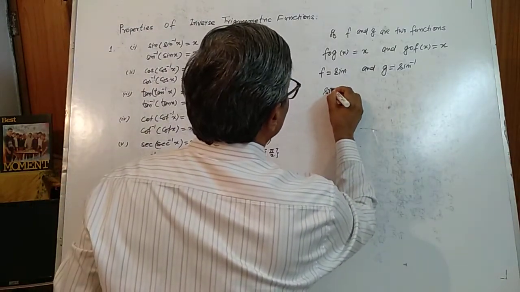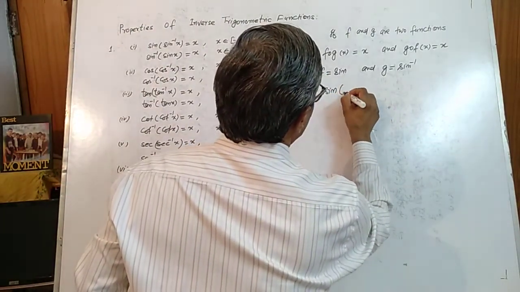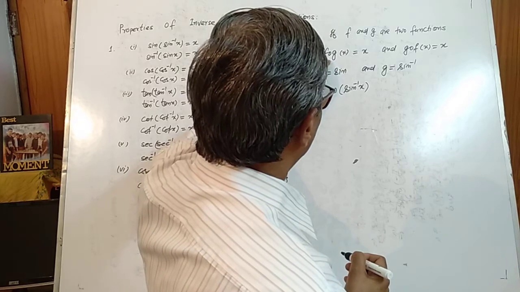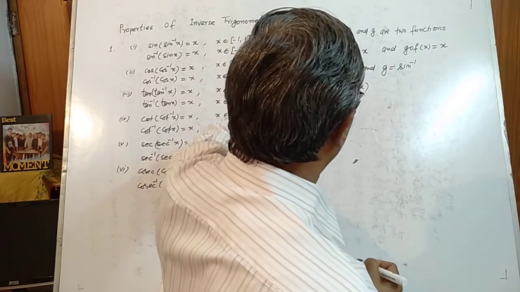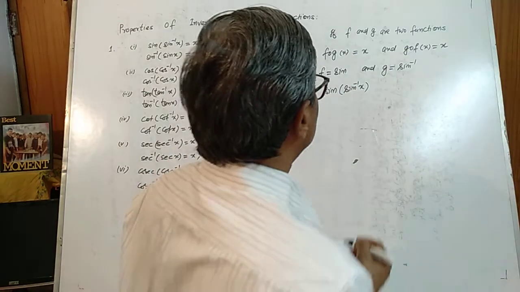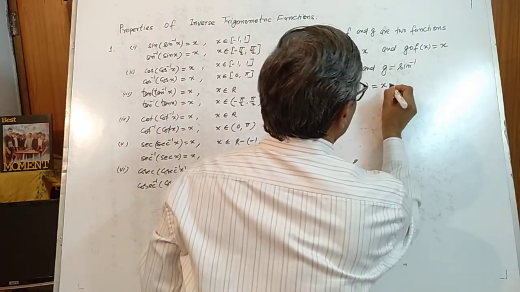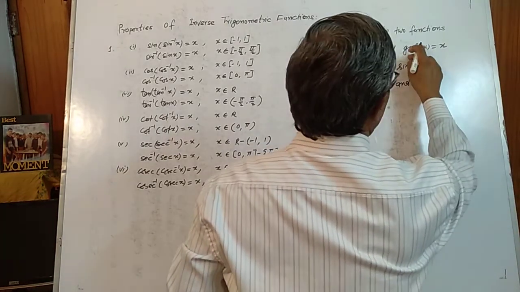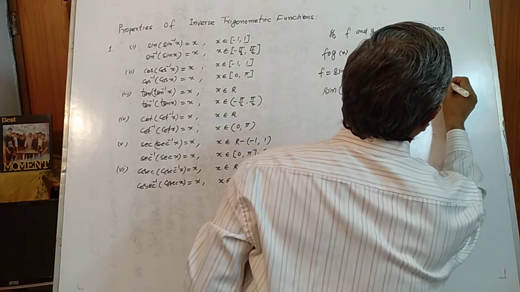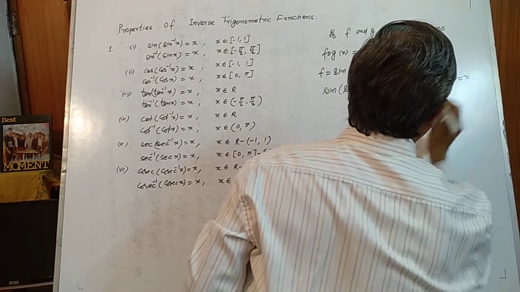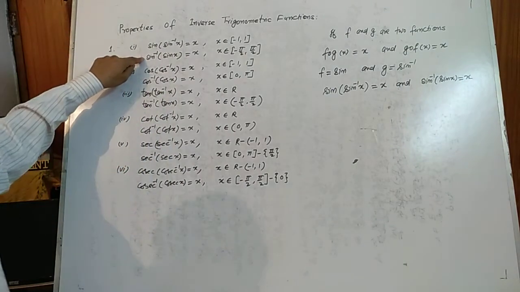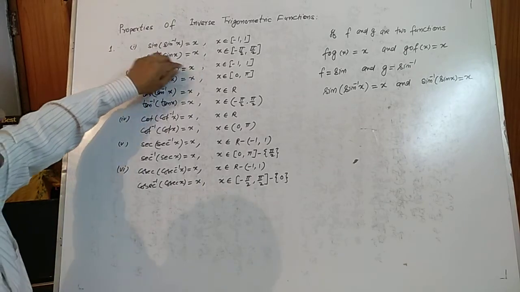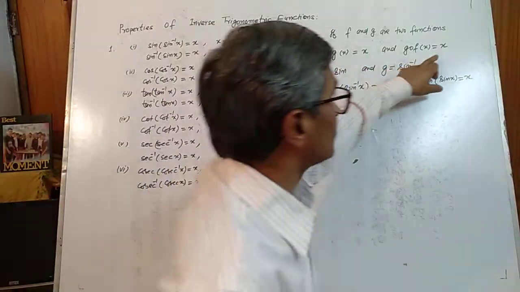Sine of sine inverse x is equal to x, and for this g, sine inverse of sine x is equal to x. We get these properties with the help of this composition.